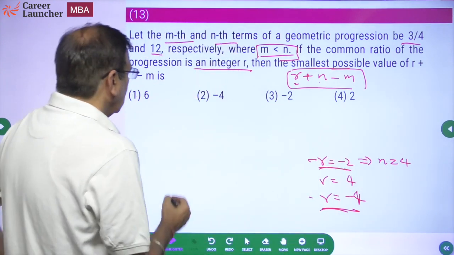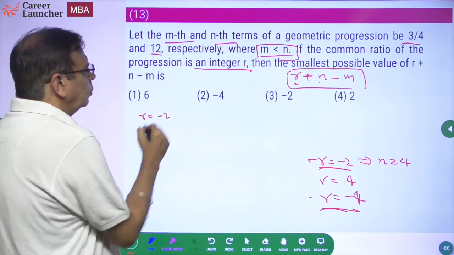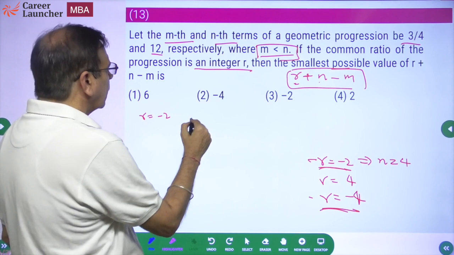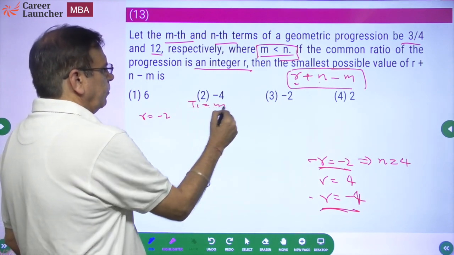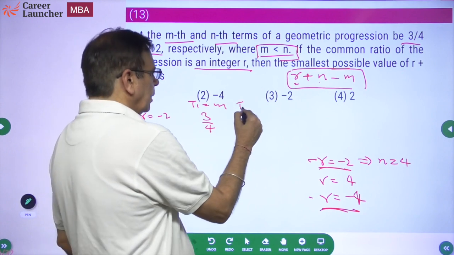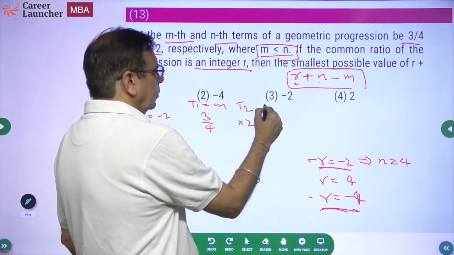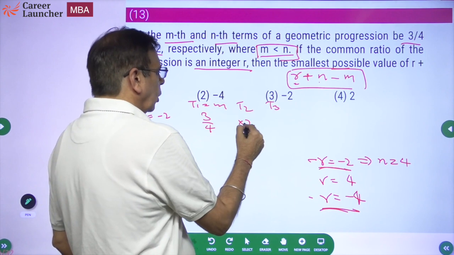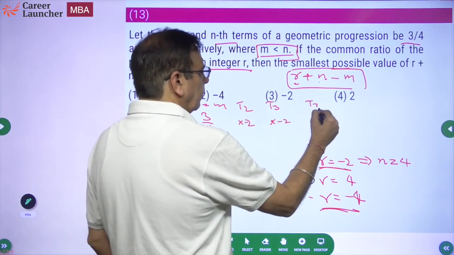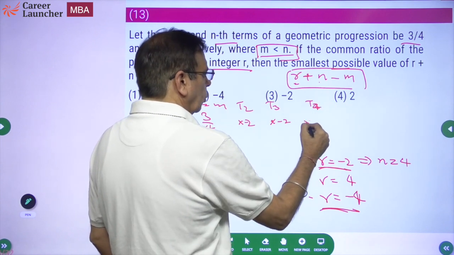So if r is equal to minus 2, let me take m equal to 1, first term. T1 is 3 by 4. The second term will be into minus 2. The third term will again be into minus 2. The fourth term will be into minus 2.